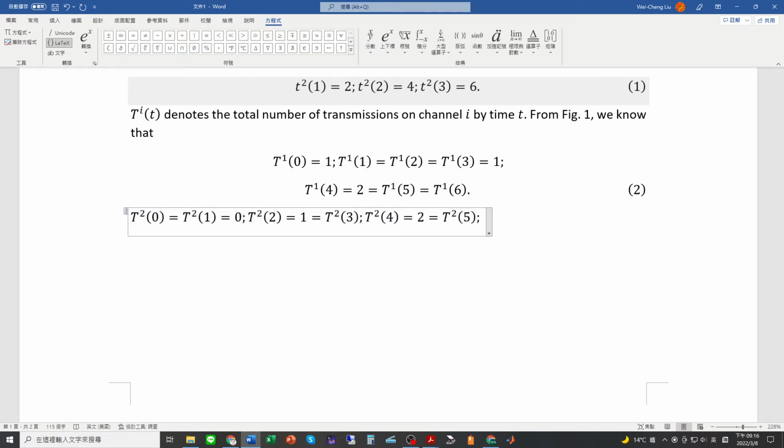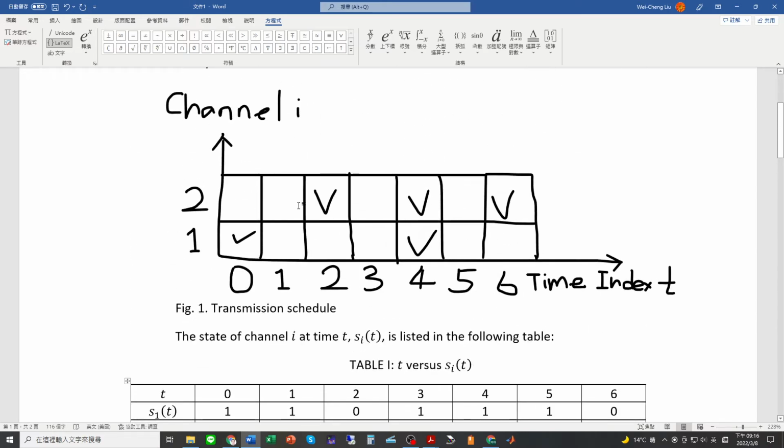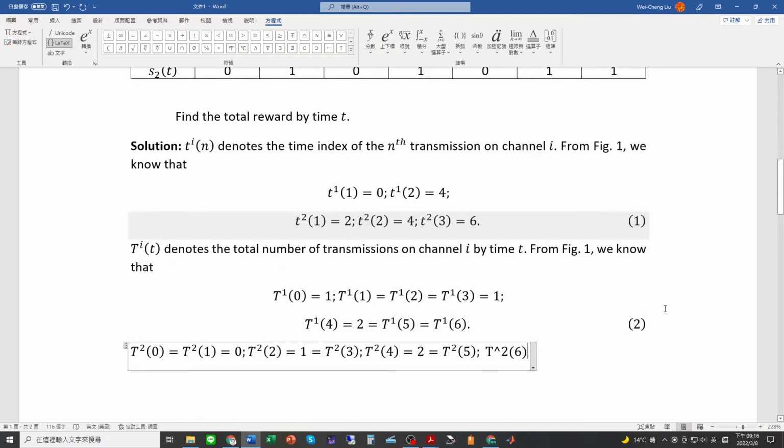And finally, for T2 of 6, on channel 2 by time 6, there are 3 transmissions in total. So this is equal to 3. We call this equation 3.